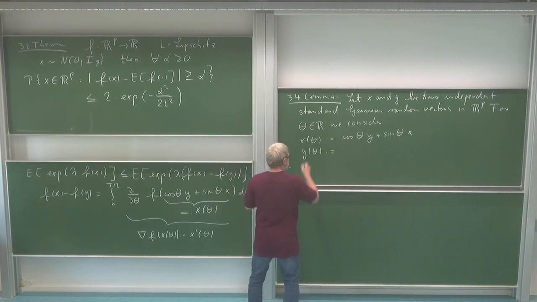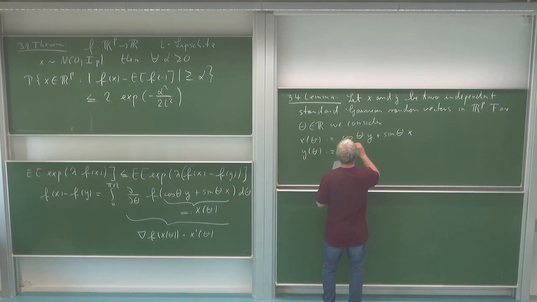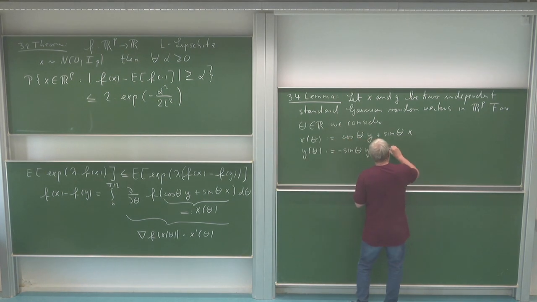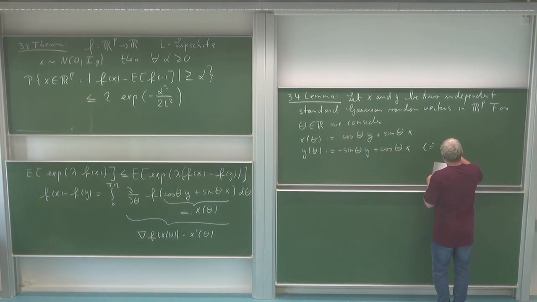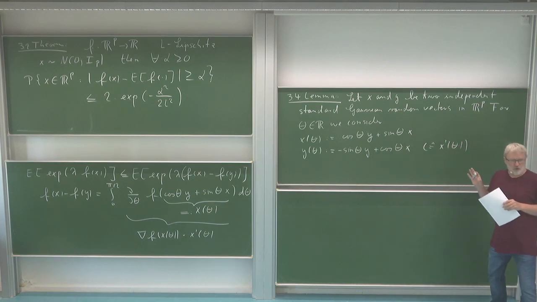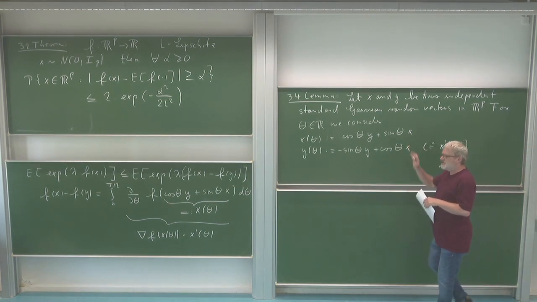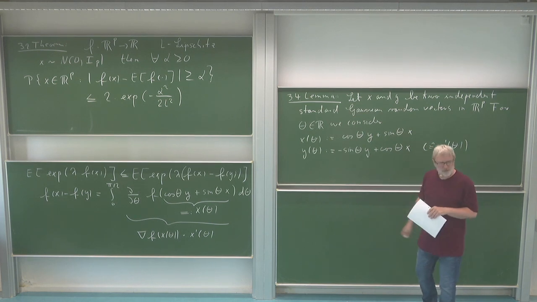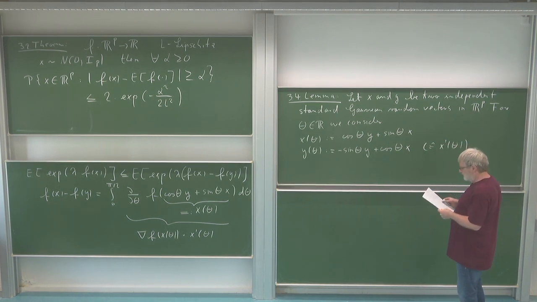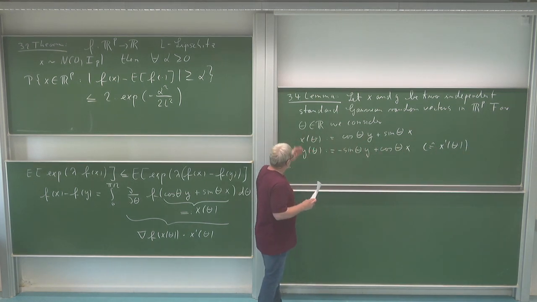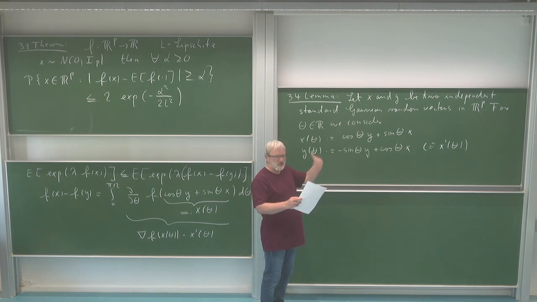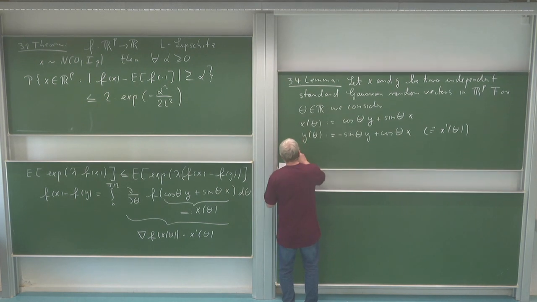But it's the derivative of the first guy with respect to theta, so it's minus sine theta y plus cosine theta x. But this doesn't play a role here, I just fix a theta and argue about this. But later, of course, it's important that this is exactly the derivative of this. Okay, and then I'm claiming that for any theta now, those two vectors together are essentially the same as before. Namely, it's a pair of independent Gaussian vectors.